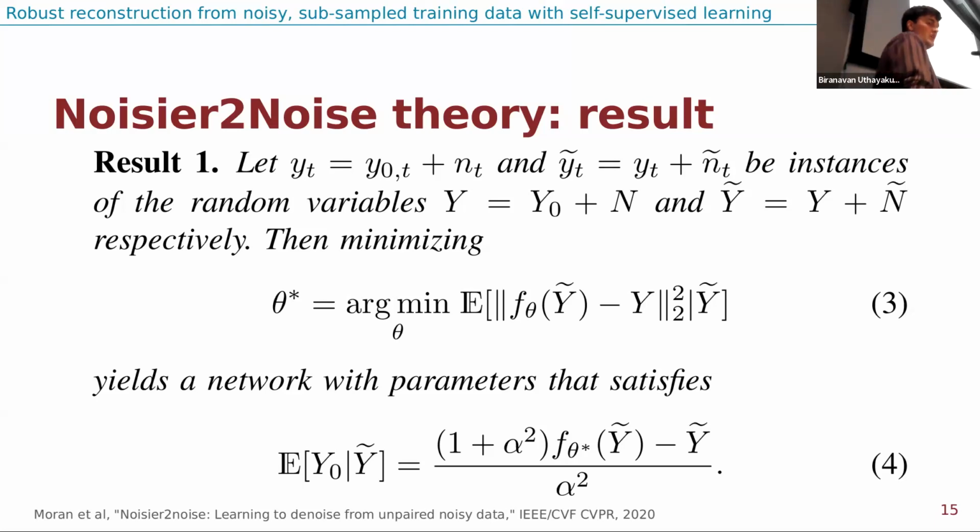In other words, at inference, we take our trained network and apply this correction and we get our clean image. This is the linear correction that I alluded to on the last slide.